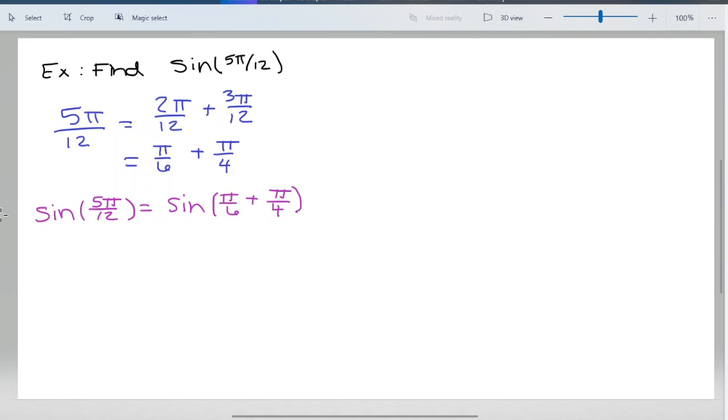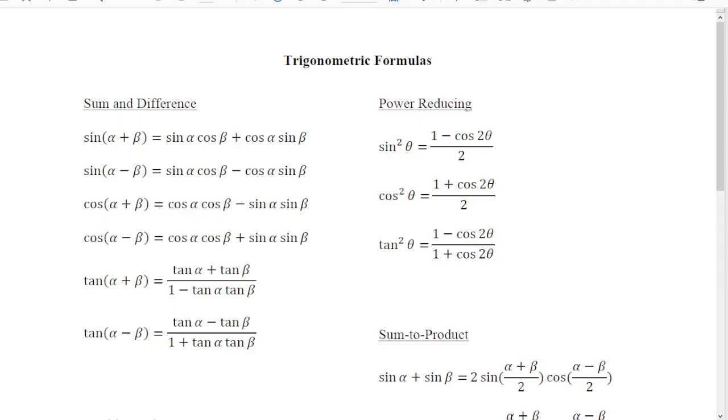Now, the most important thing about these sum and difference formulas is that you can't just split this up like sine of pi over 6 plus sine of pi over 4. None of the trig functions work that way. So what I need to do is look at my identities, and I can see here for sine, it's a sum.